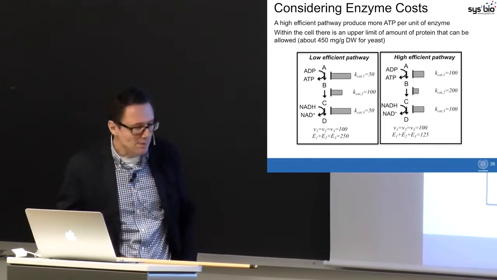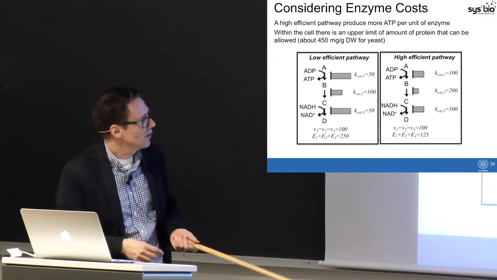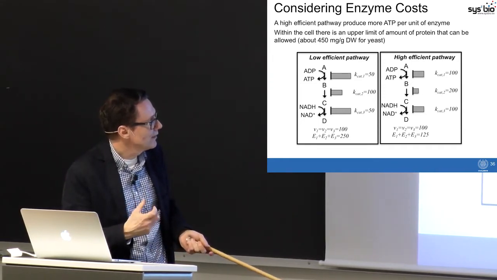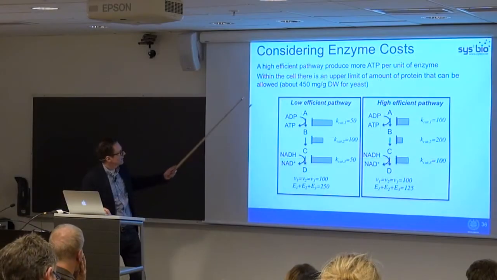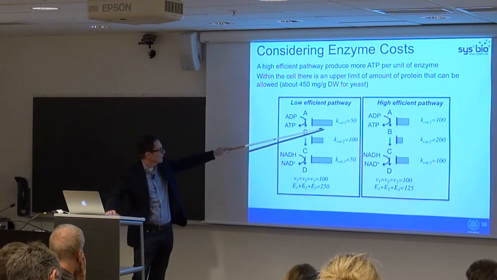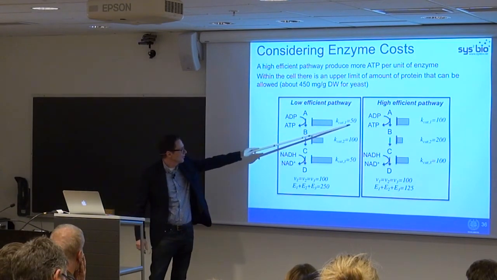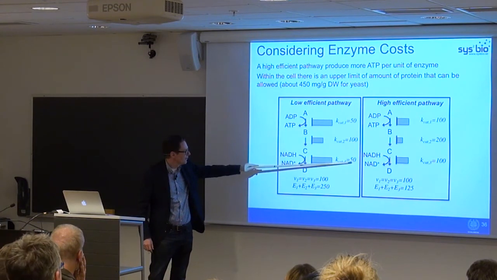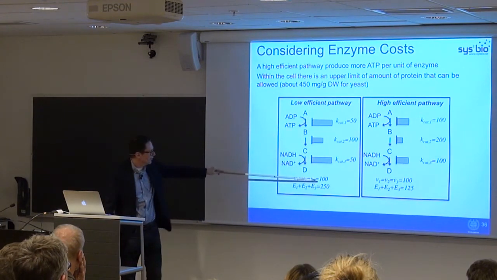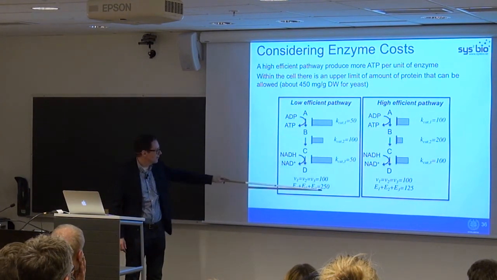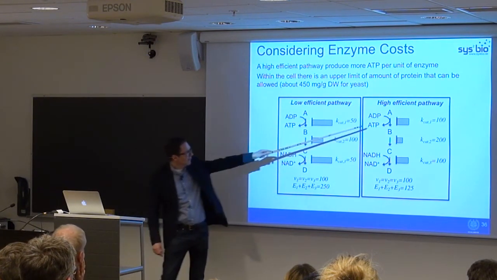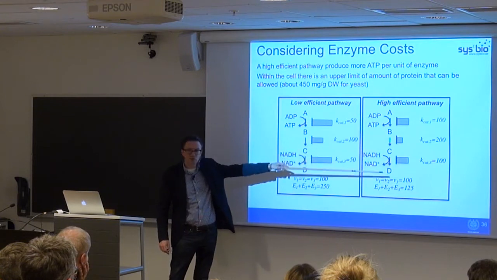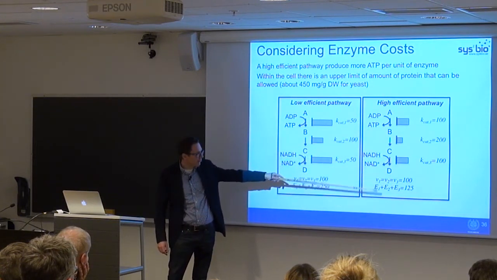Briefly, a little bit about the interest of looking into the kcats: you can imagine that if you have a low-efficiency pathway here with these kcat values specified here, in order to carry out a flux of 100, you need to allocate, let's say, a sum of enzymes here with 250. Let's say you have a pathway with twice the efficiency of each kcat reaction here.